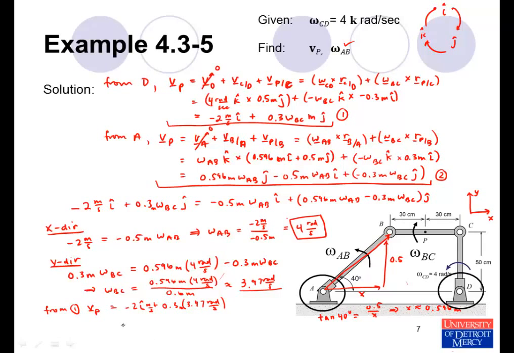We multiply that out, still have negative 2 in the i. 0.3 times 3.97 is approximately 11.91, all in the j, and the units work out to be meters per second. And so that is the other quantity we were asked to find.